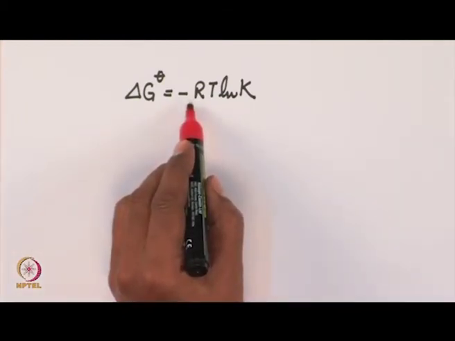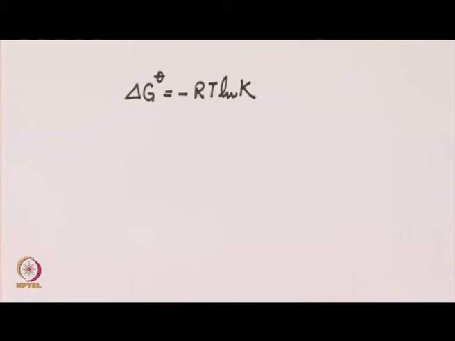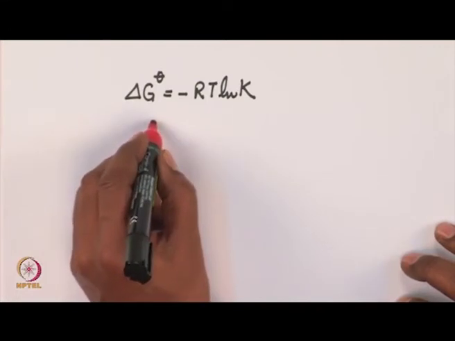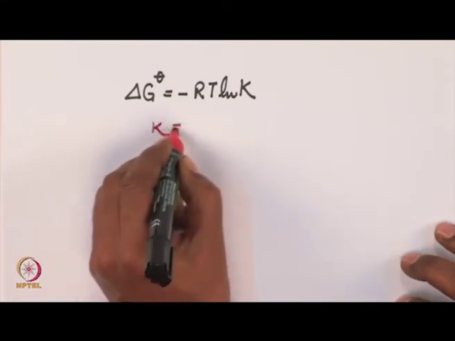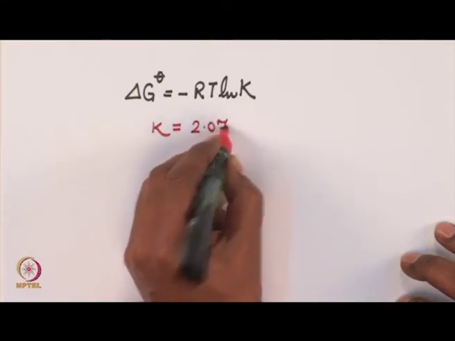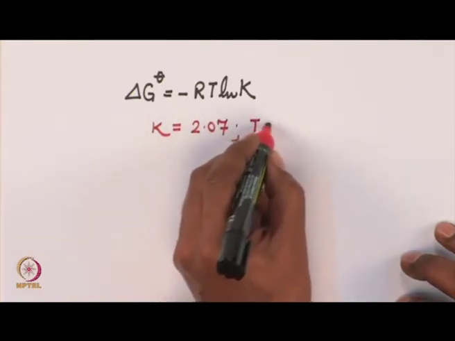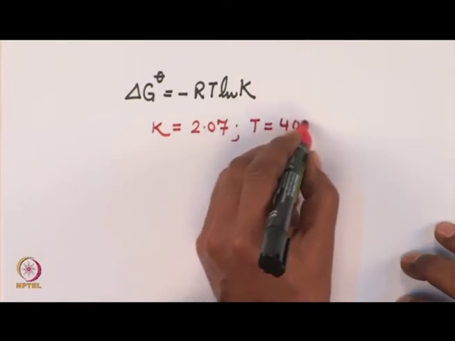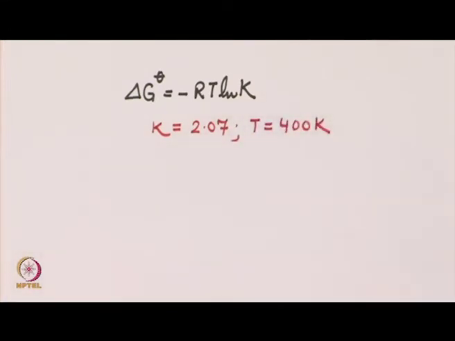Sometimes we make a mistake of introducing n. When we talk about 1 mole of a reaction, then we don't need n over here. Alright. The value of K is given to us as 2.07 and the value of temperature is given to us as 400 Kelvin.